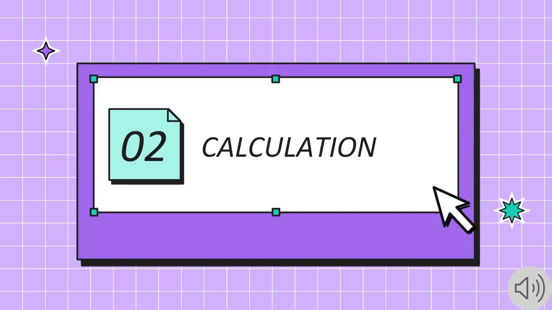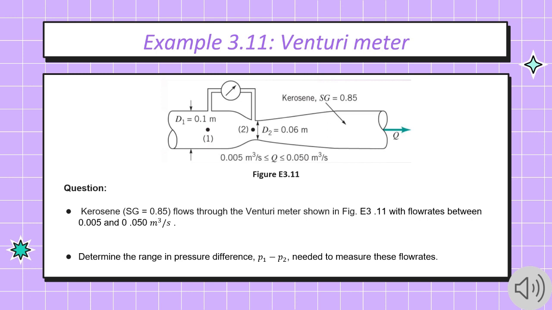Next is the calculation. By looking at example 3.11 Venturi meter, the question asks us to determine the range in pressure difference, given that kerosene with specific gravity 0.85 flows through the Venturi meter shown in figure 3.11 with flow rates between 0.005 and 0.050 meter cube per second.